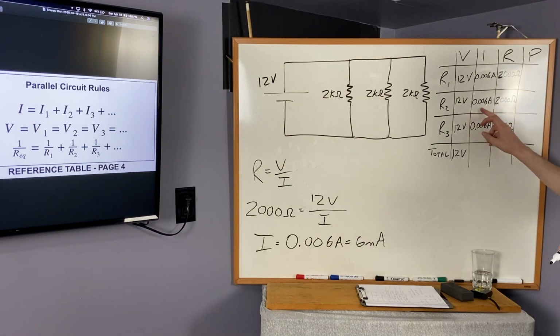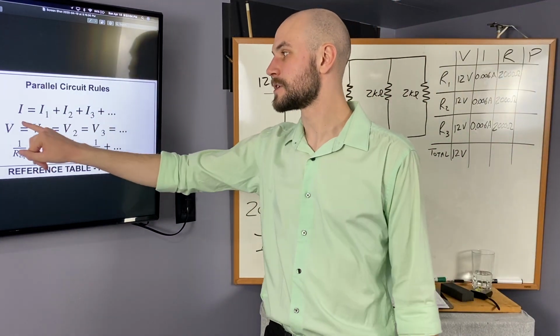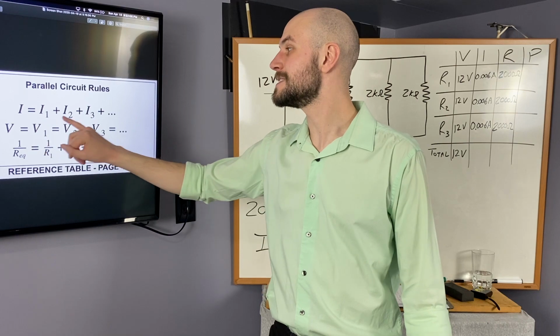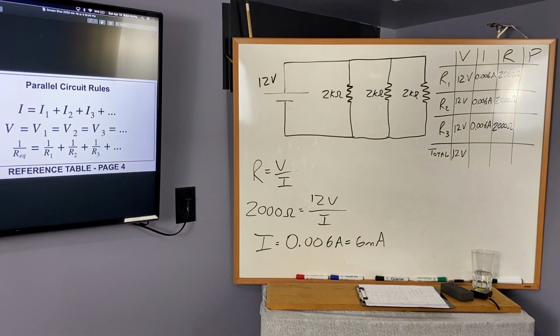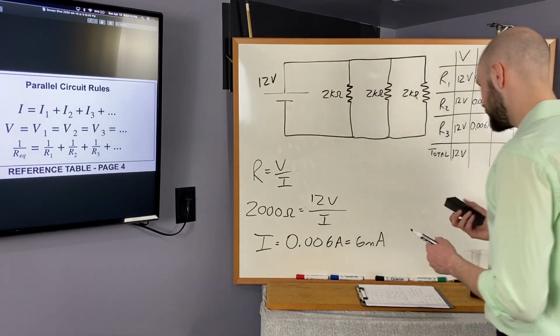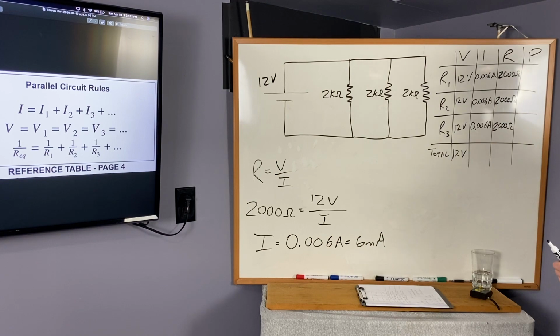So we now know the current going through each one of the branches. But based on our current relationship for parallel circuits, the total current is the sum of each individual current going through each one of the branches. So we could use our current relationship to figure out the total current here on the bottom.